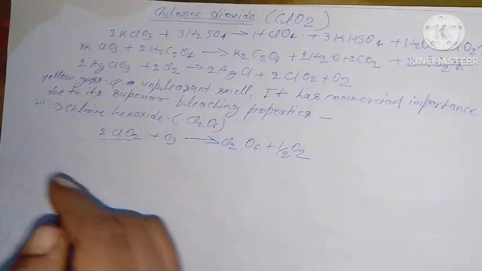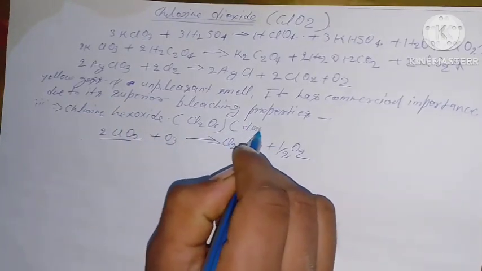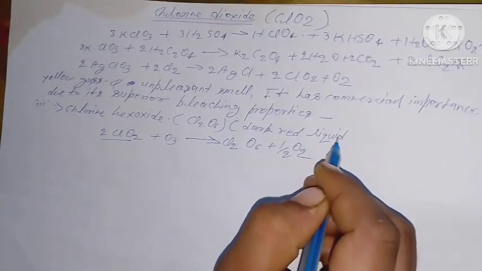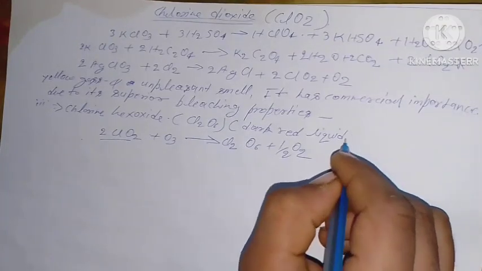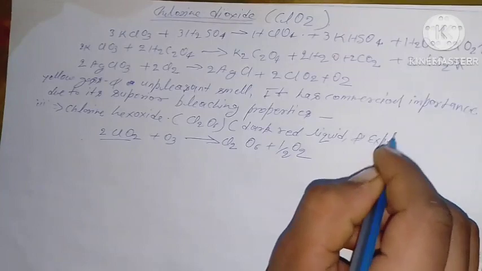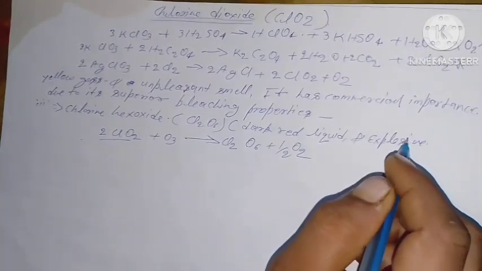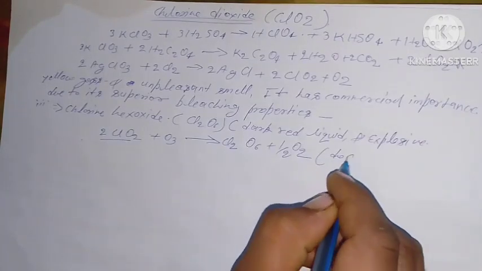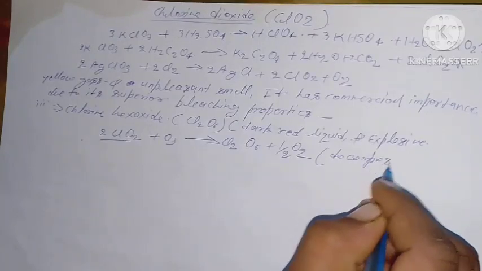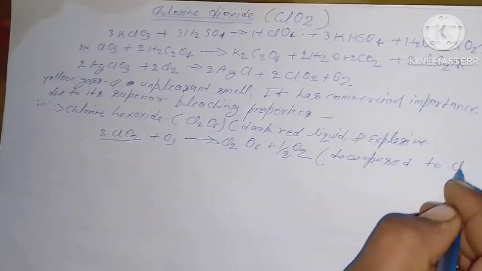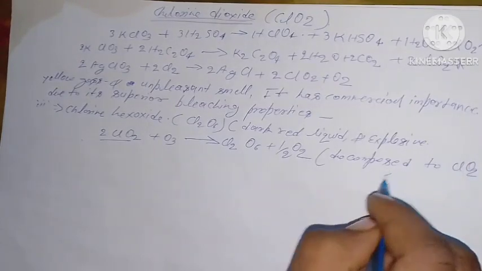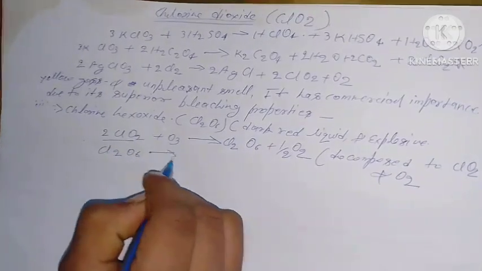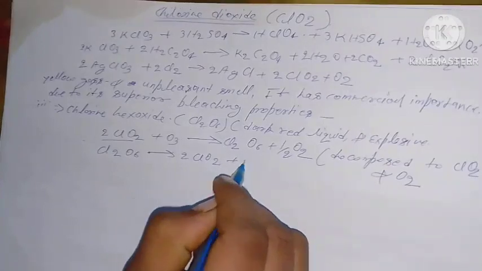It is a dark red liquid. It is also explosive and decomposes to chlorine and oxygen: Cl2O6 gives 2ClO2 plus O2.